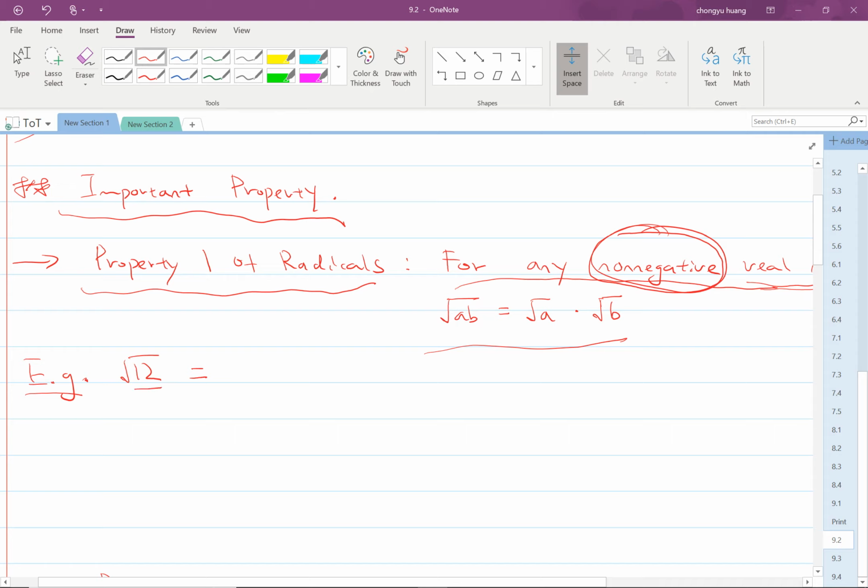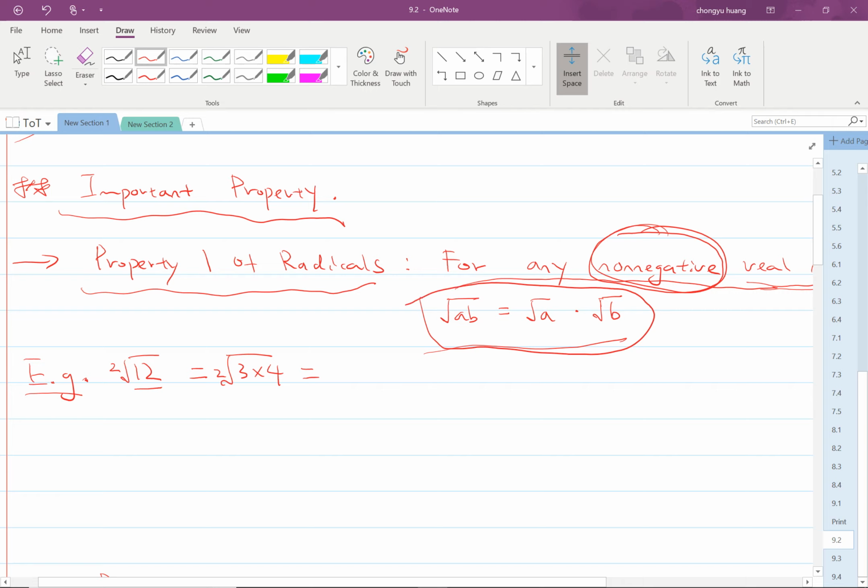As everyone knows, we have a square root of 12. 12 is equal to 3 multiplied by 4, so we can use the statement over here.